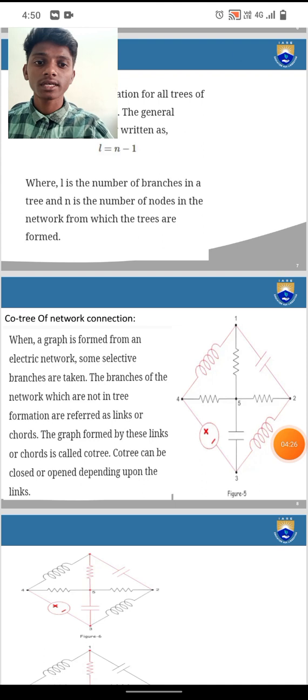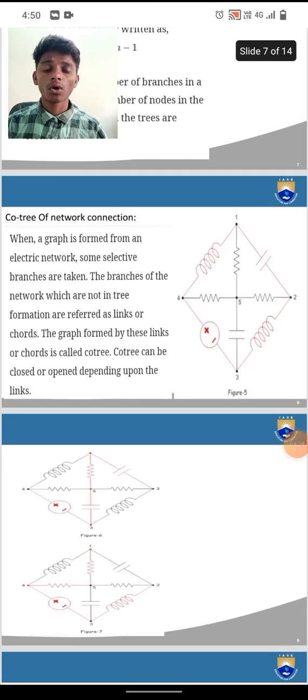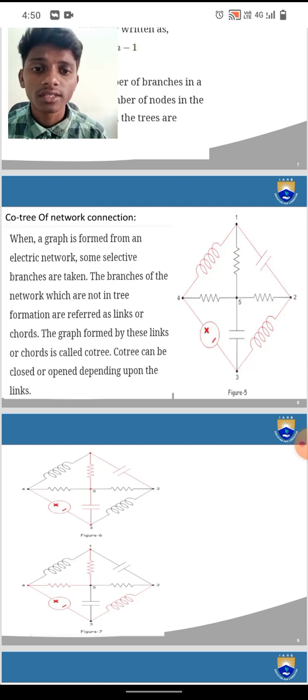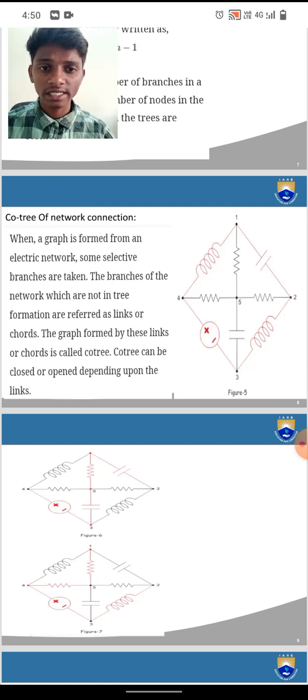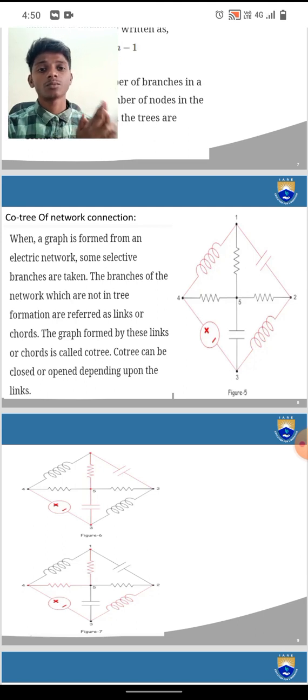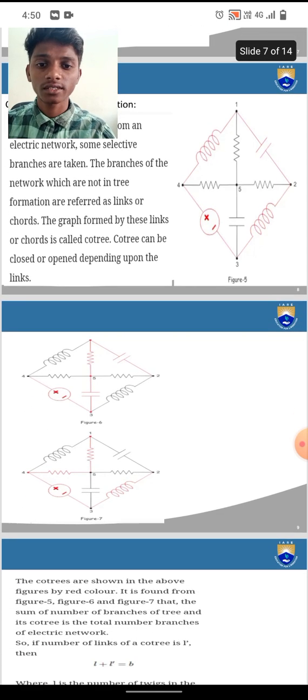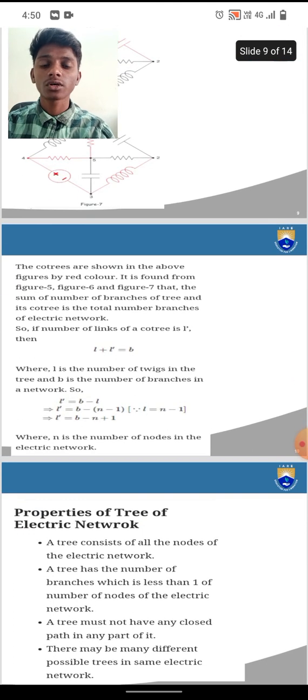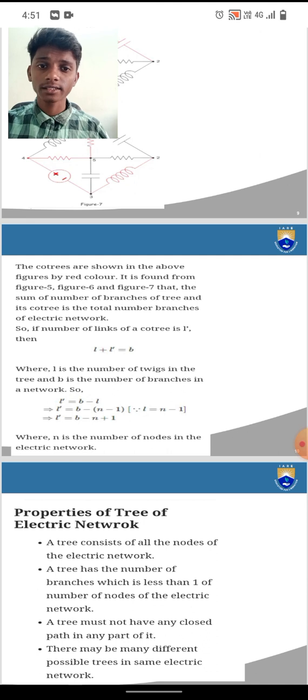We can see figure 5 with points 1, 2, 3, 4, and the fifth is the junction, and the network is connected with each other. In figures 6 and 7 the chords are shown in red color.